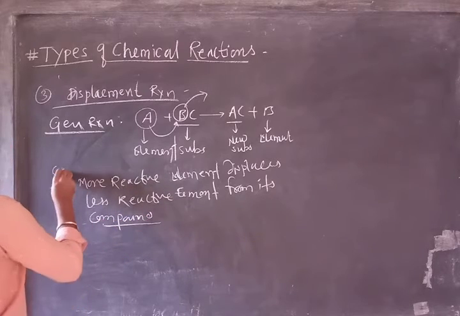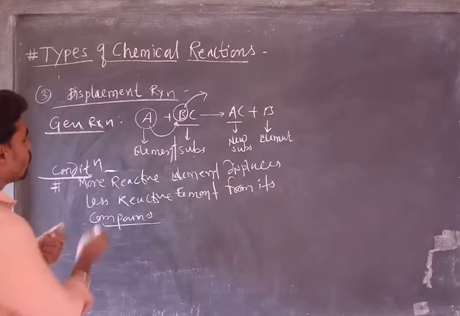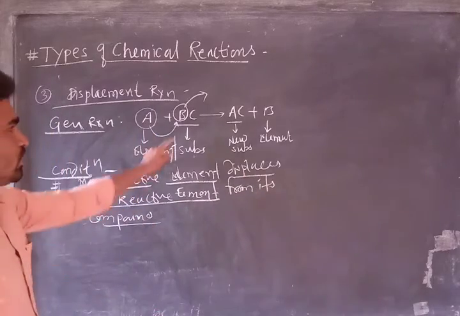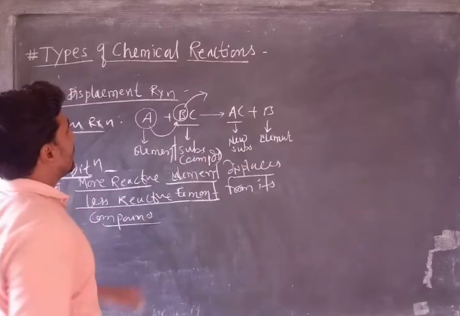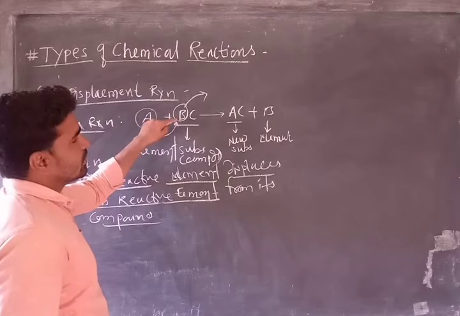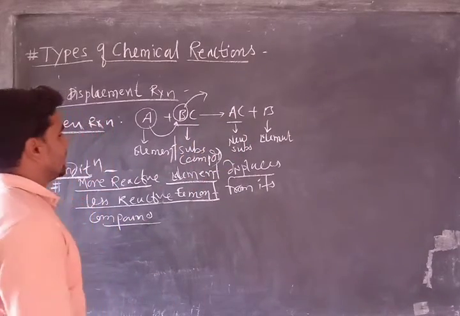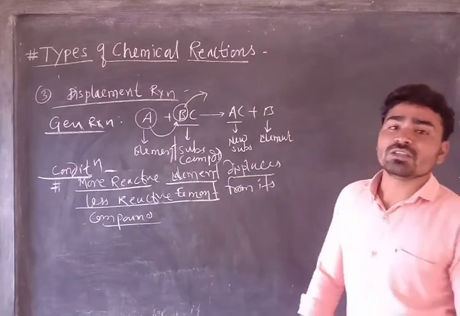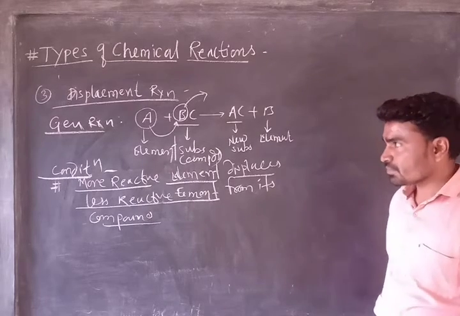This is the simple condition for the reaction to take place. Here BC is a substance, and A is an element which must be more reactive, and it displaces B, forming AC as a new substance, and here we obtain B as a new element. Many times this chemical reaction is used to obtain pure metals in metallurgical processes.